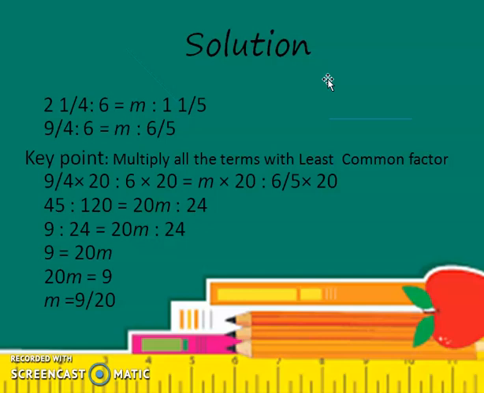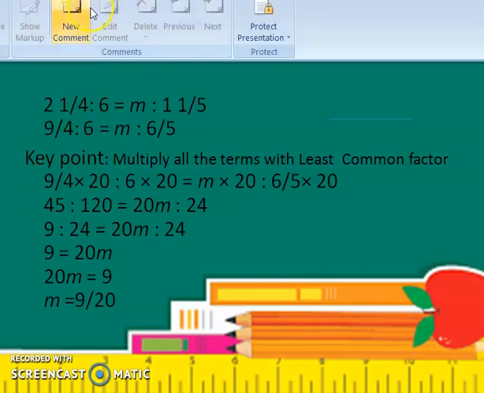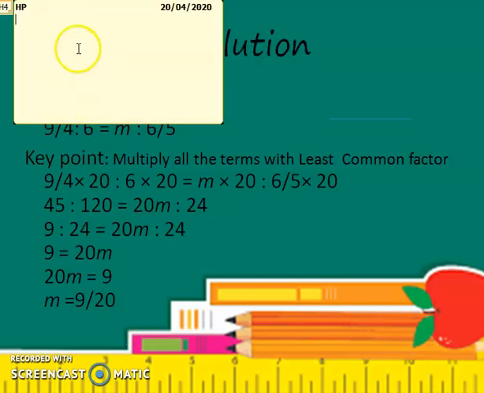Now I will multiply this LCM with all the terms: 20 will be multiplied with 9 by 4, with 6, with m, and also with 6 by 5. Now how have I solved 9 by 4 multiplied by 20?